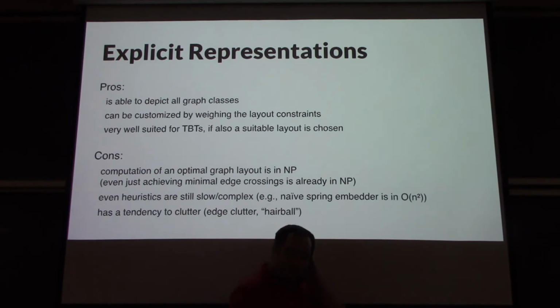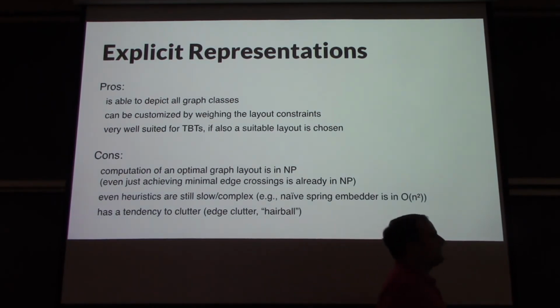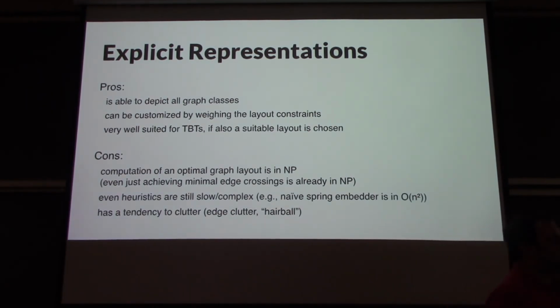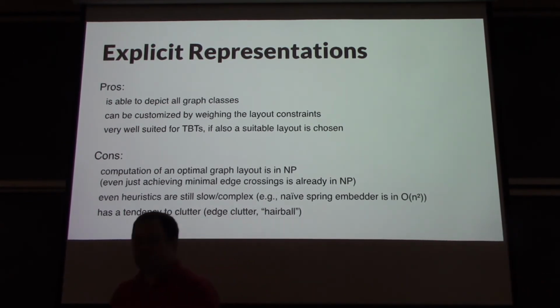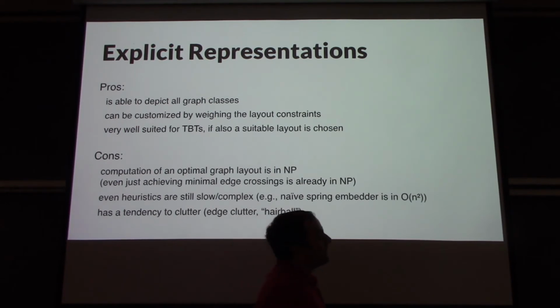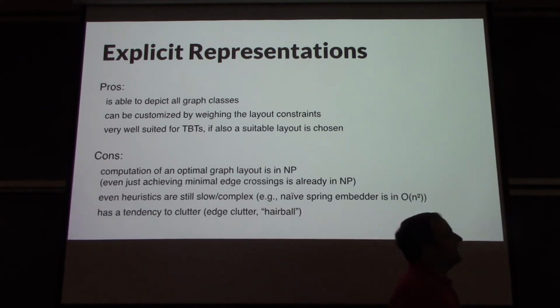So let's reflect a little bit on these explicit node link representations. An advantage is that they're able to depict all types of graphs. Whether we have simple graphs, directed graphs, or hypergraphs, we can visualize everything with them. They can be customized by weighing the layout constraints.